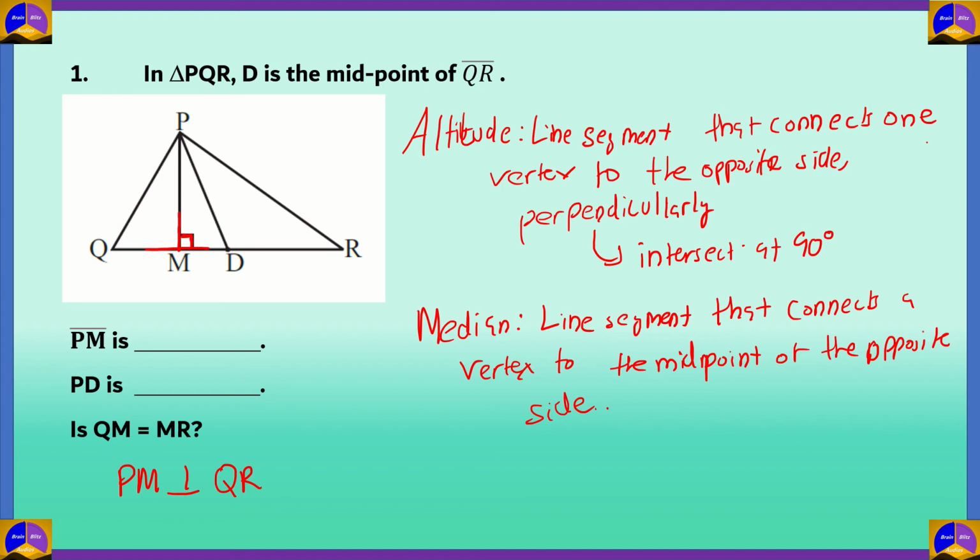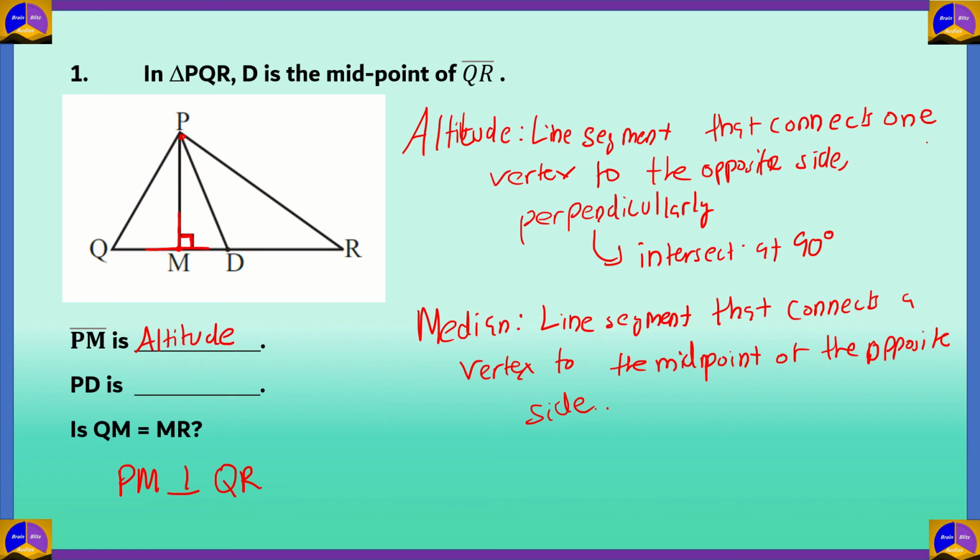And in triangle PQR, QR is one of the sides, and the opposite vertex of QR is P. So PM must be the altitude, because an altitude is the line segment that connects one vertex, that is P in this case, to the opposite side, that is QR, perpendicularly at point M. So PM is the altitude.